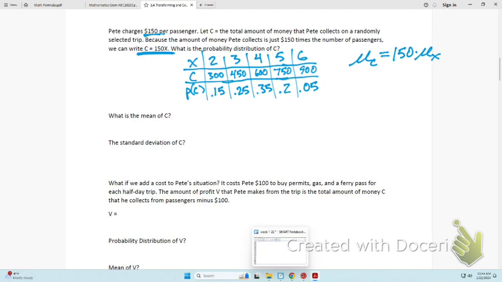So in this case, we're going to find the mean of C by going 150 times what we found a second ago, 3.75. When we do that, we get an amount. So we type that in and we get 562.50.